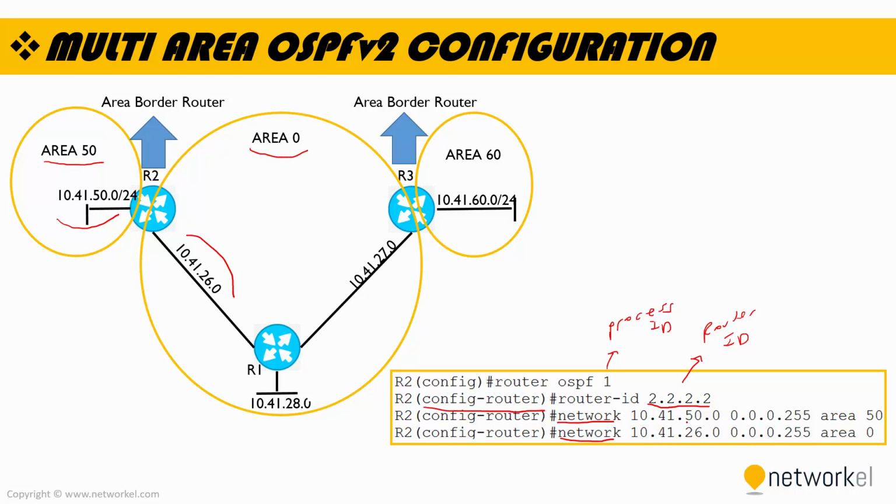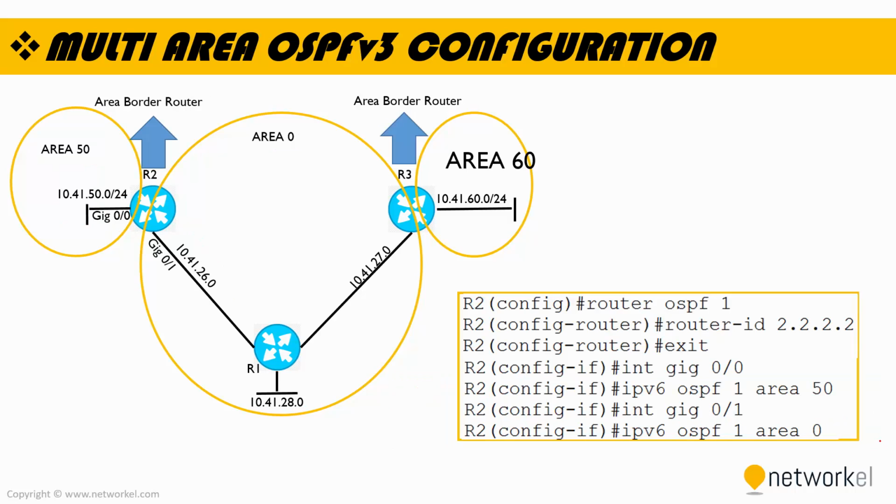And we are typing that 50.0 belongs to area 50 and 26.0 belongs to area 0. The configuration is pretty straightforward and really has no difference from the single-area OSPF configuration. Just the area numbers are changing, as you can see.